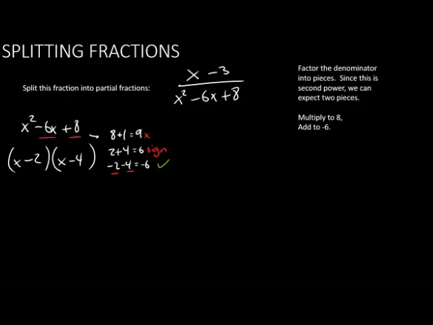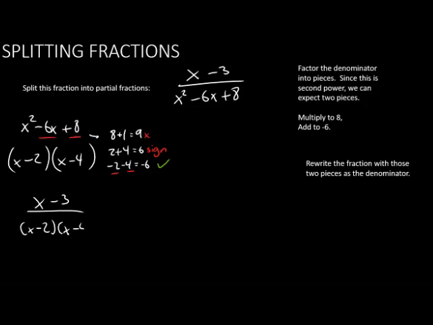Now we will rewrite our fraction with those pieces as the denominator. If we do so, we will have x minus 3 as our numerator and x minus 2 times x minus 4 as our denominator.